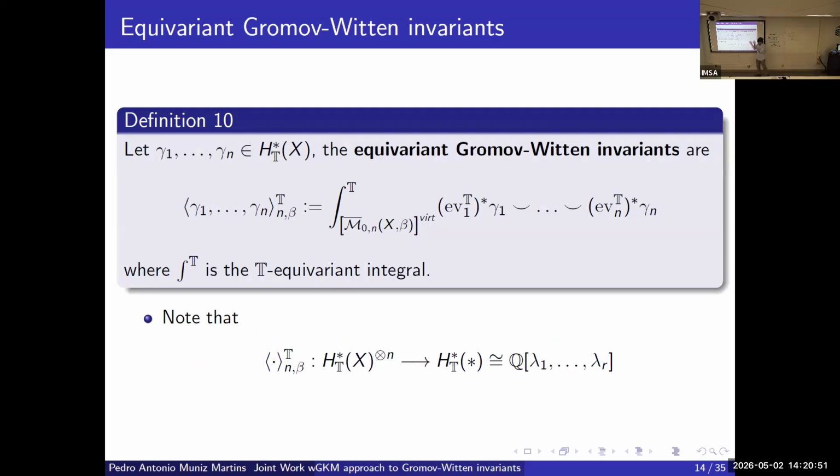It's quite similar to the definition of the usual Gromov-Witten invariant. But here we consider the T-equivariant evaluations, and we use this T-equivariant integral. This T-equivariant integral, you can think of as integrating on the fixed locus by the action of the torus. And note that here we take forms in the equivariant homology to apply the Gromov-Witten invariant.